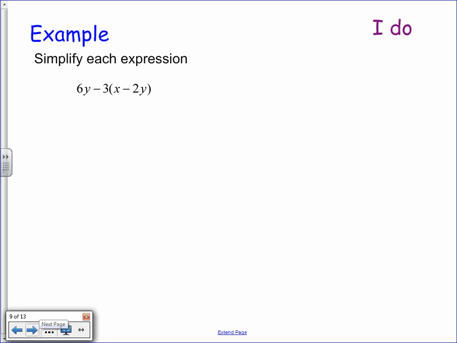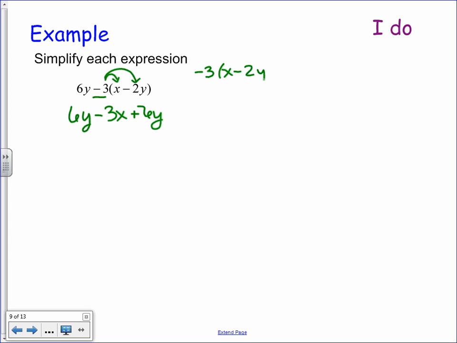All right, and one more for me. This one has a parenthesis in it. So we want to make sure we eliminate that parentheses first. So I'm going to distribute that negative 3. And I get 6y minus 3x and plus 6y. And remember, distributive property, we have negative 3x minus 2y.